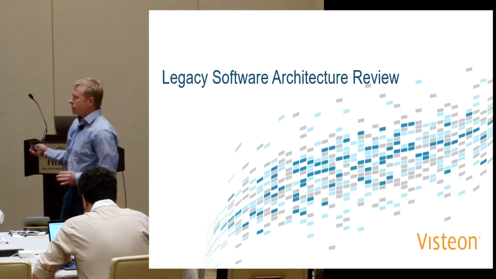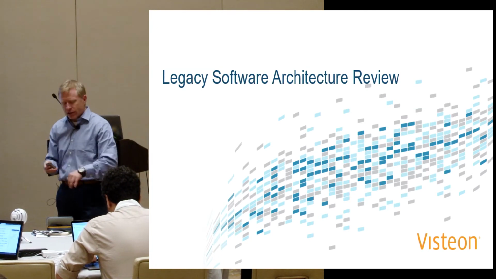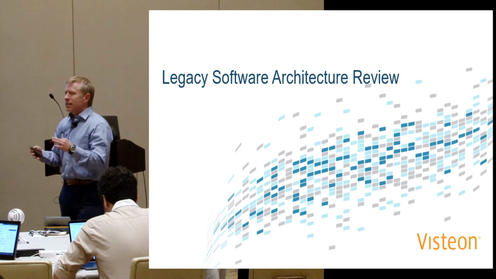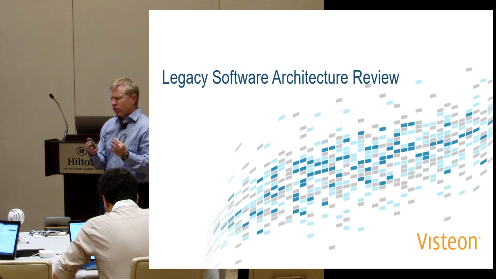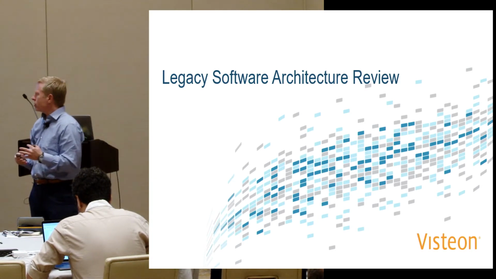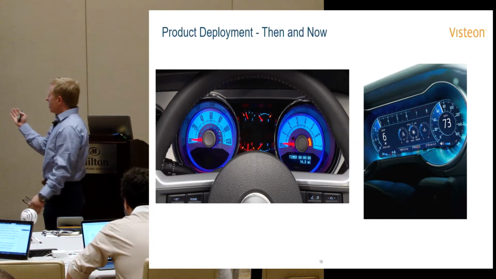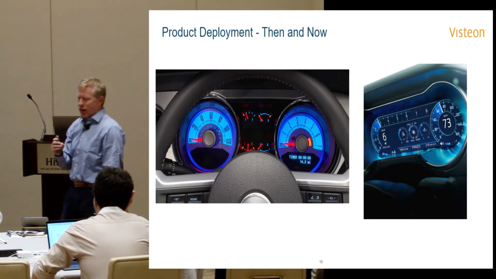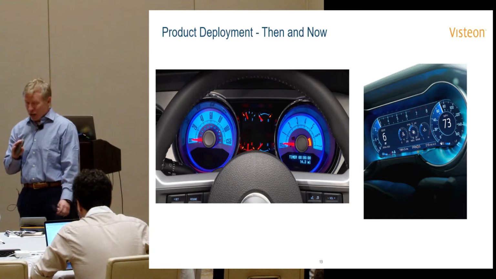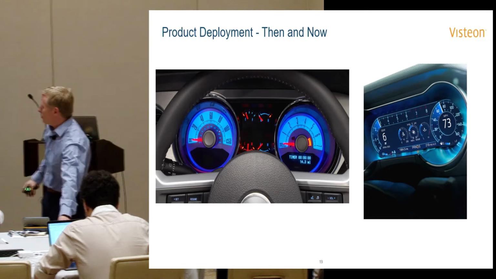Okay, legacy software architecture review, which was the point of this talk. What is this legacy software architecture? We're talking about the driver information or instrument cluster area. Left and right are the same vehicle separated by a couple of years, actually. And you can see the difference.